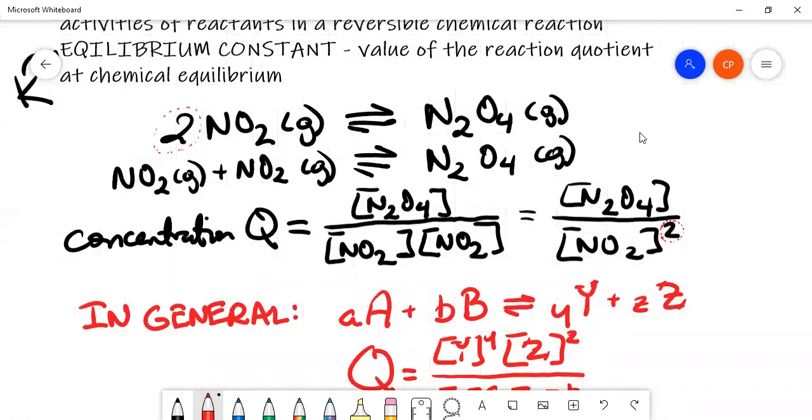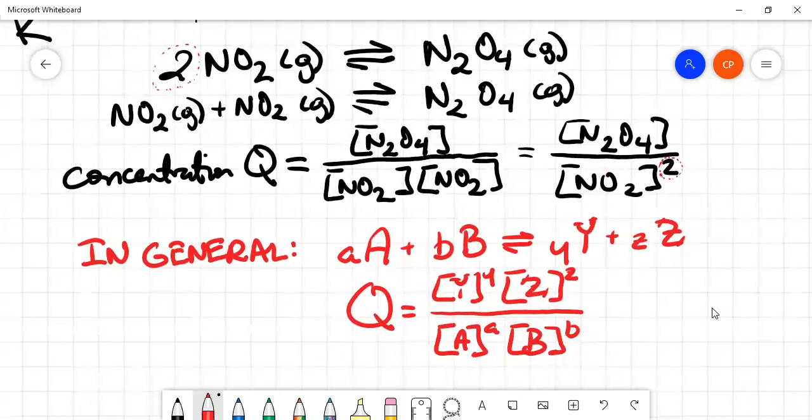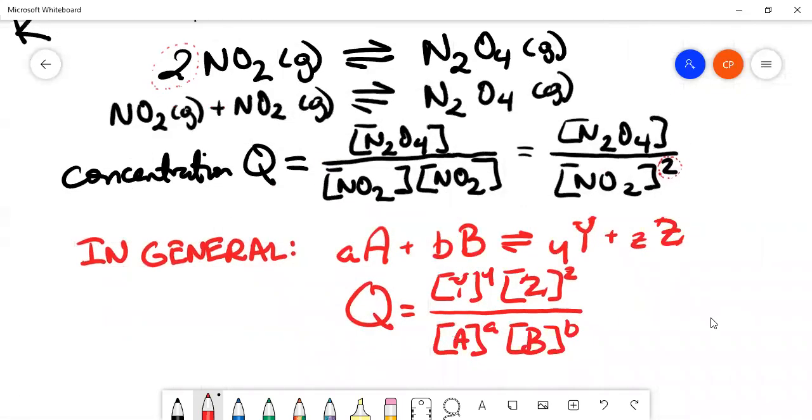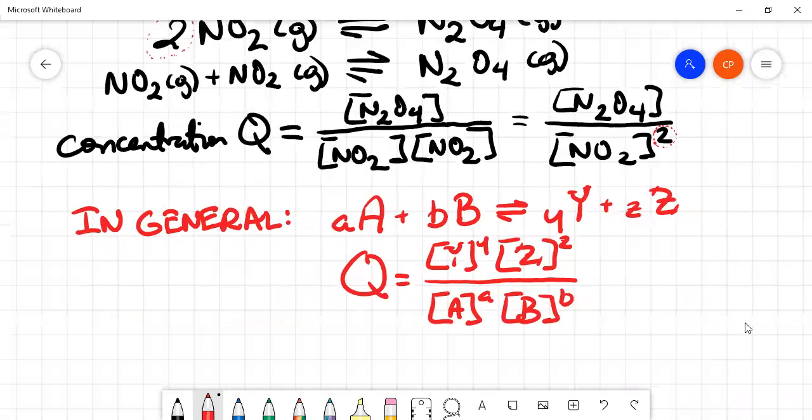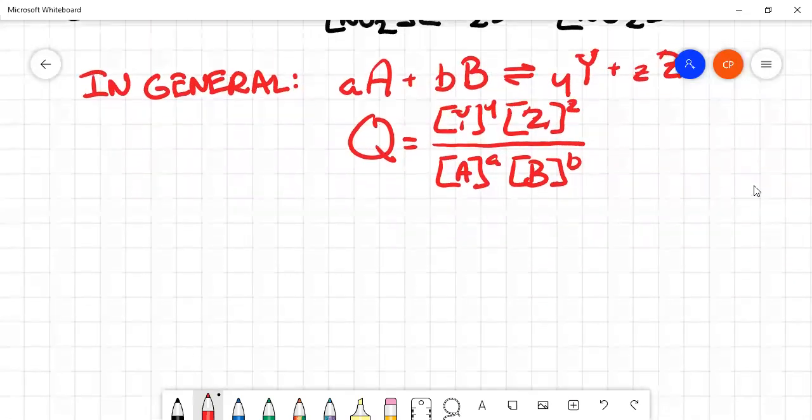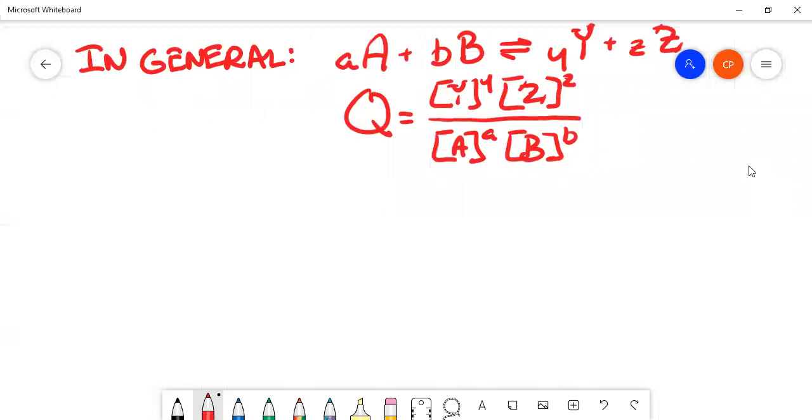We've got our one example that set the stage. We've got the general case. Let's go through a number of different examples and make sure we recognize the pattern in play here for the writing of these reaction quotients. Okay?